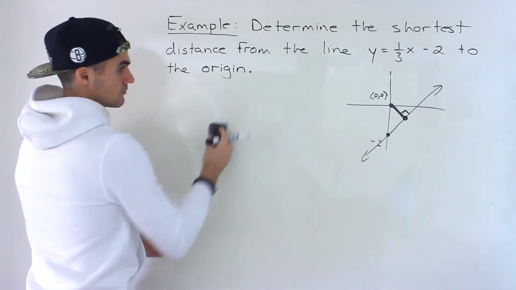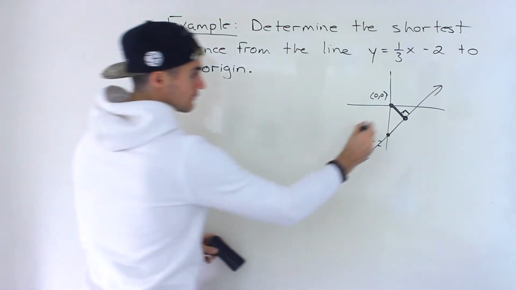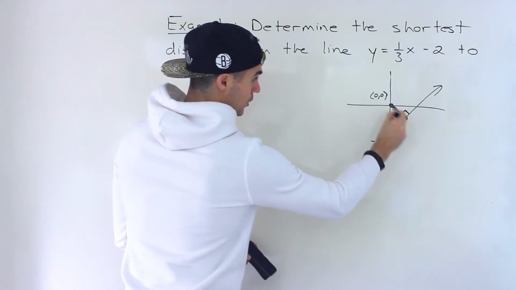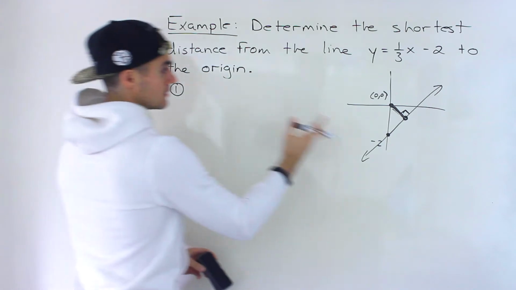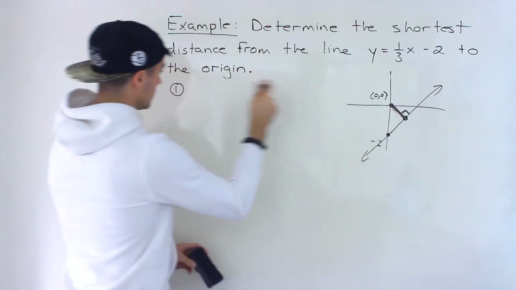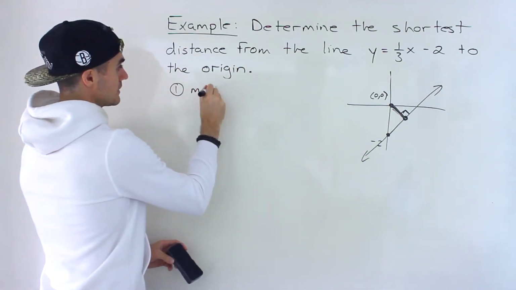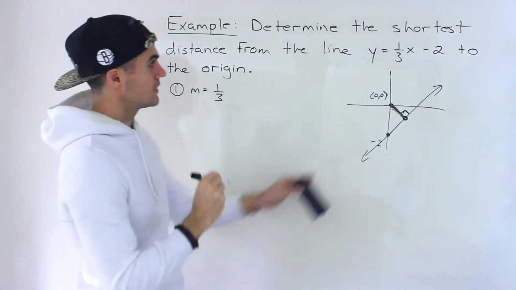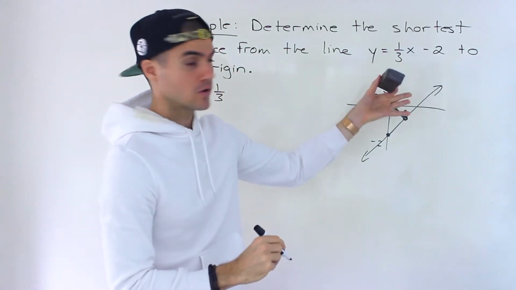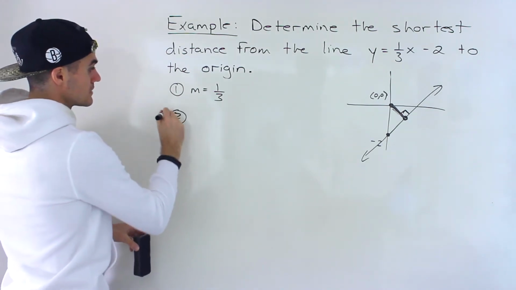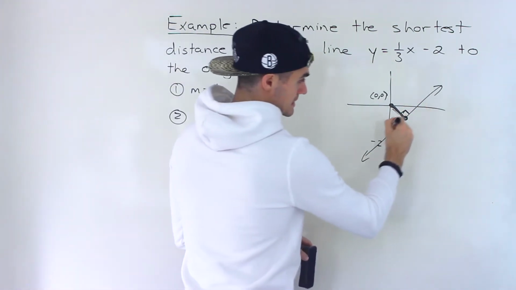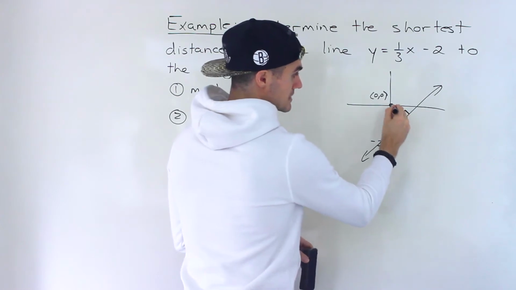So first step is we got to find the equation of this line. So notice that the slope over here of the first line, it's 1 over 3, right? Because it's in y equals mx plus b form. So the slope is 1 over 3 of the original line. So if the slope of this line is 1 over 3, what's the slope of this line going to be?